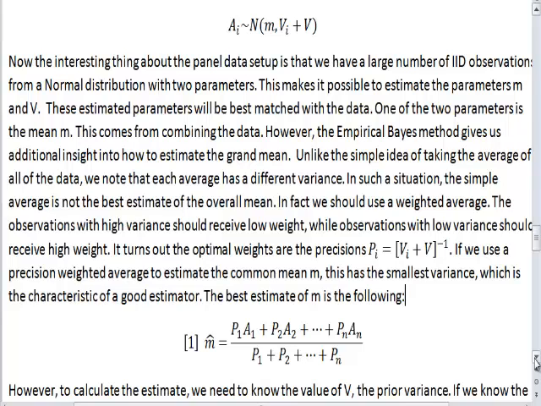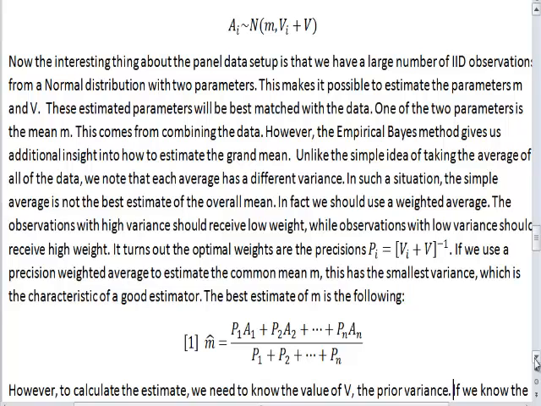In that case, the prior precision will be pi equals 1 over (v_i plus v). So now this is your formula for m. M hat is the weighted average of the averages, where each average is multiplied by its precision, and then you divide by the sum of the precisions.